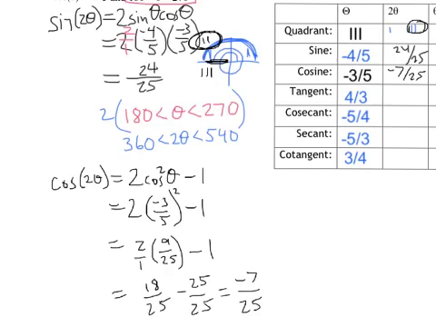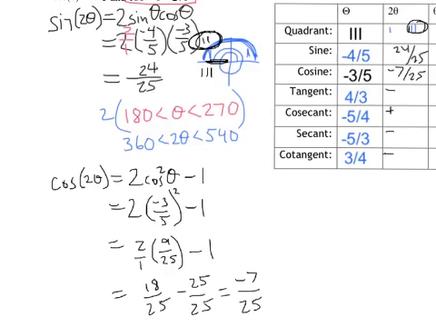Tangent in quadrant 2 has to be a negative value because slopes are negative. Cosecants are reciprocals of sines, so those would be positive. Secants are the reciprocals of cosines, so those would be negative because our cosine was negative. Cotangent's negative again because tangent was.